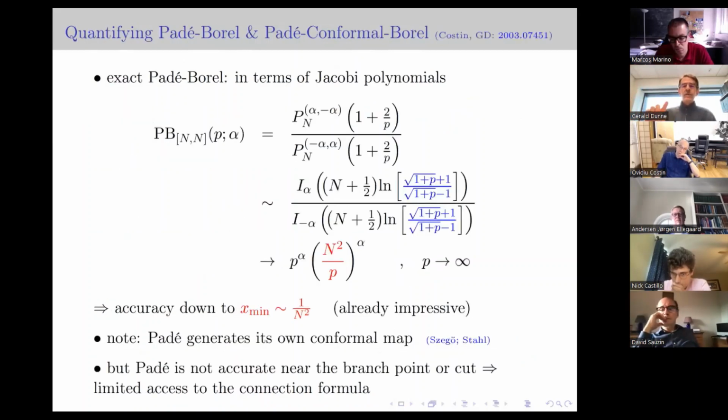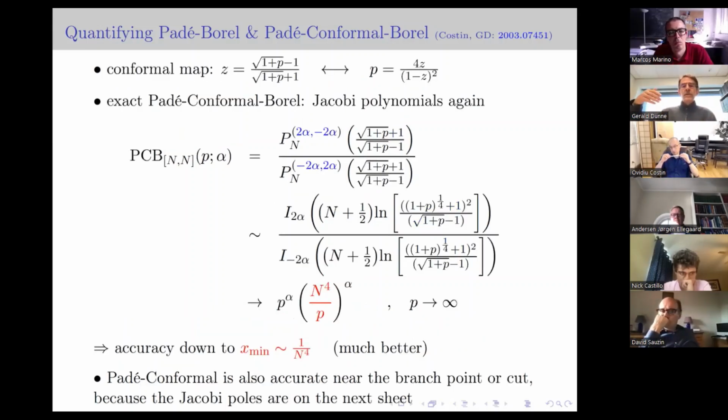But now if you first go to the Borel plane and then do Pade, you gain 1 factor of n more. It scales like 1 over n squared. So we know all the coefficients and offsets and subleading corrections. I'm just giving you the leading. And that's completely encapsulated in the asymptotics of these Jacobi polynomials, which is totally understood.